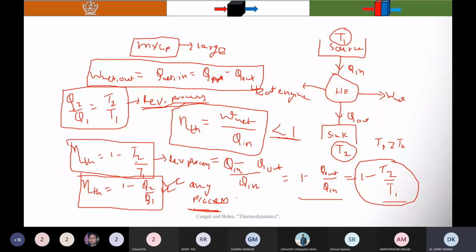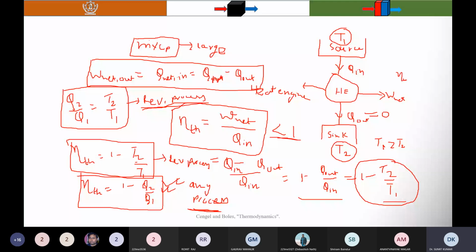So suppose Q out is equal to 0, what is the meaning? You can substitute here Q2 by Q1. Q2 is 0, so efficiency is 100%.